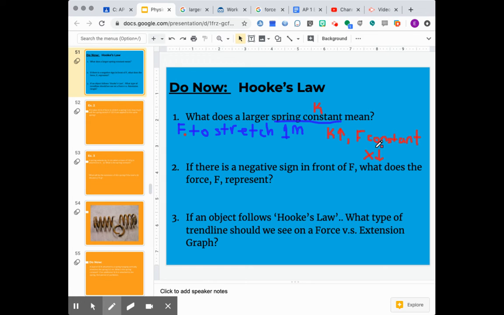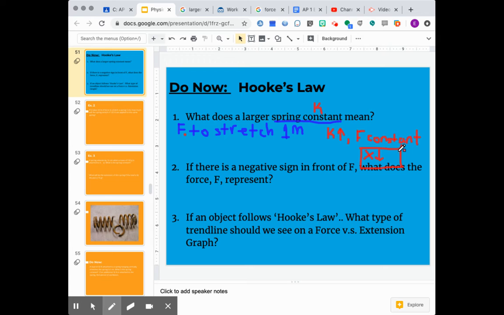Springs with larger spring constants are more difficult to stretch. If they're more difficult to stretch and we apply a consistent amount of force, the amount of displacement that we will see will be less.